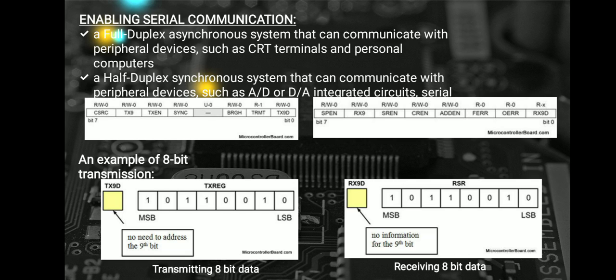The information will be stored in a transmission register, which acts as a temporary buffer storage for the information prior to the transmission. The bit TX9 will be 0, which determines that the transmission will be an 8-bit transmission. So there is no need to address the 9th bit, which stores the 9th bit of the information.